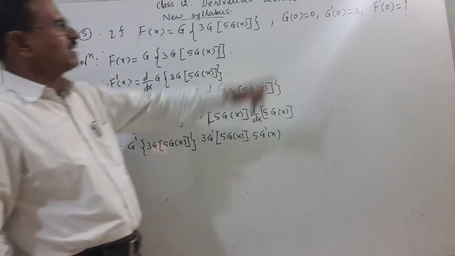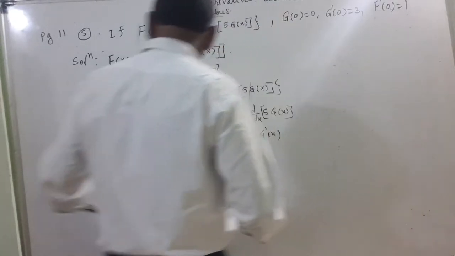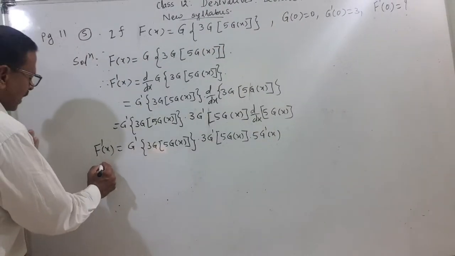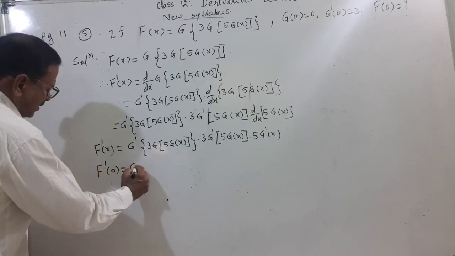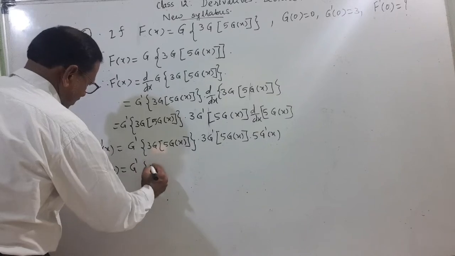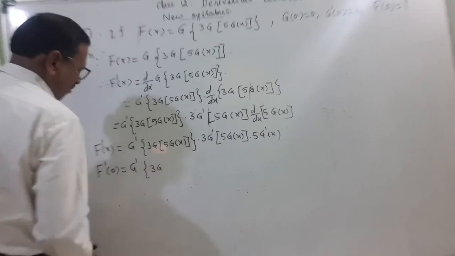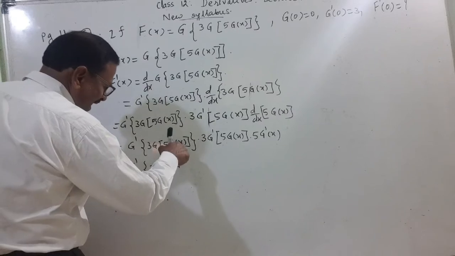Now what I want is f dash of 0, so in place of x I will put 0. So f dash of 0 is equal to g dash of 3g of 5g of x.